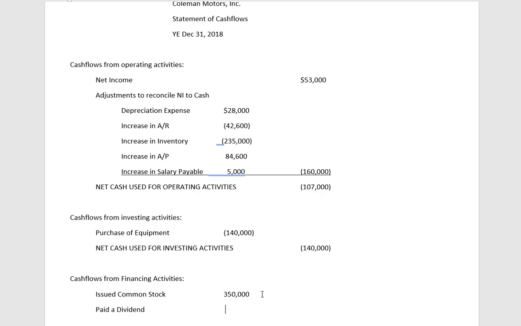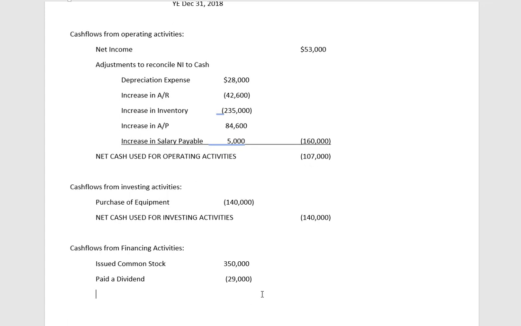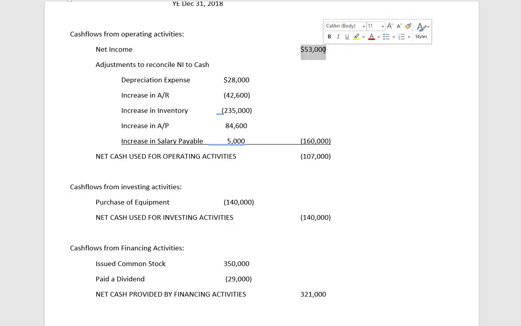So that was cash going out, 29,000. So net cash, in this case provided, because we have a positive, by financing activities is 321,000.